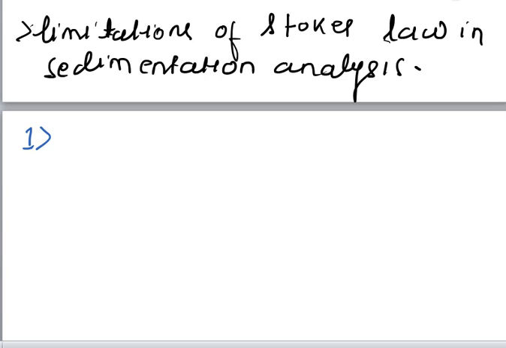The first limitation is that Stokes law said the soil solid or the solid particle should be spherical in shape. Okay, but in actual what happens? Is it truly spherical? The solid grains of fine soil are truly not spherical.